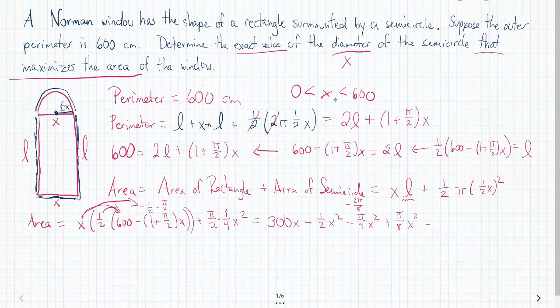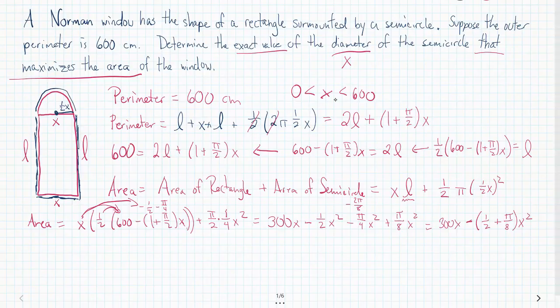So we can combine this, and so this whole thing becomes 300x, which isn't so bad, minus, and then we'll factor this out here real quick. We'll factor out the 1/2 from that first x squared term, and then the negative pi over 4 becomes negative 2 pi over 8, plus pi over 8 would be minus pi over 8, so that becomes plus pi over 8 times x squared.